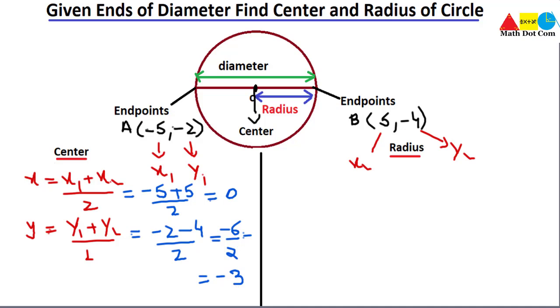Let's write them as C(x, y). This was the center and x, y comes out as 0 and -3. So this is how you can find the center of the circle when you are given the endpoints of the diameter. Keep in mind that we were given the coordinates of the endpoints, so you have to find the coordinates of the center here.